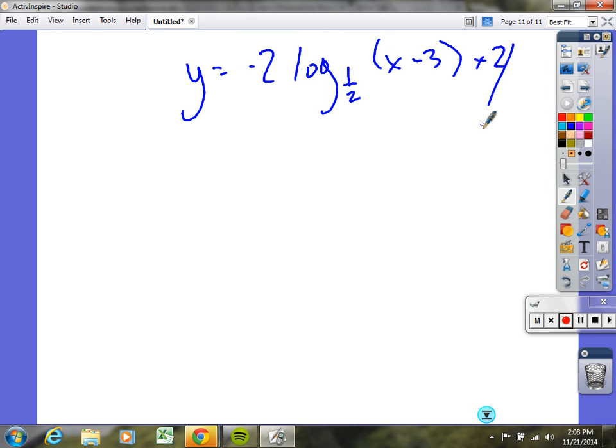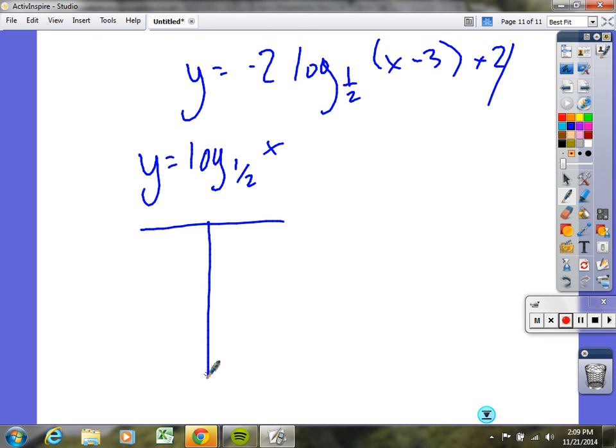It shouldn't. What does that do to our graph? It shifts it which way? Right 3. What does this do? Up 4, yes. Does that stuff scare you? It shouldn't. What should be new? The parent function, right? So notice, here's what I do. Just like I do normally, I start with the parent function. And so I start here, and I say, okay, what am I going to put in here?